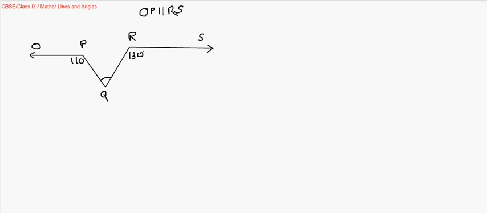To find angle PQR, I again draw an extension and expand this OP, which would intersect QR, maybe at this point T. This was given to be 130. We have to find this.